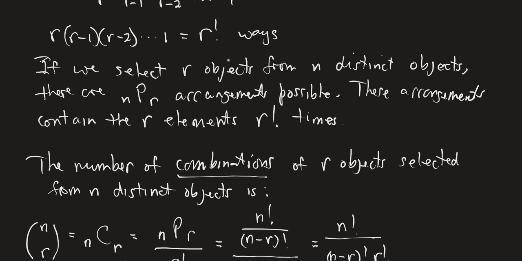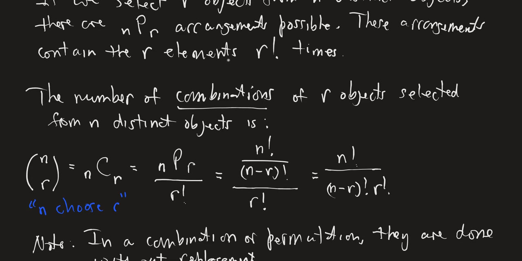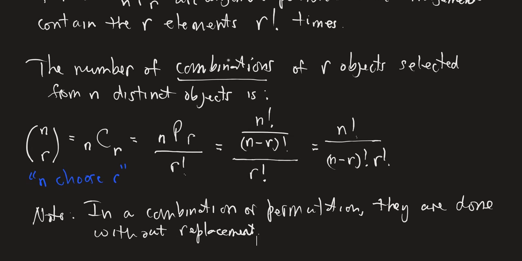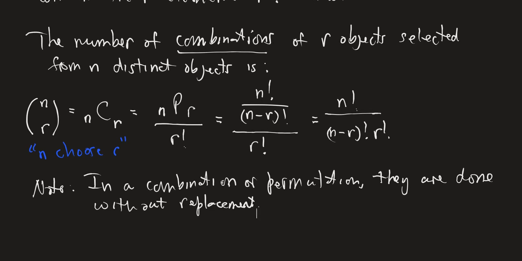If you have some kind of selection process where the selection is done with replacement, you have to rely more heavily on the multiplication rule and figure out how many elements are there at each step. So just keep in mind that these formulas, both for the combination and the permutation, are applicable when you have some kind of choice without replacement.